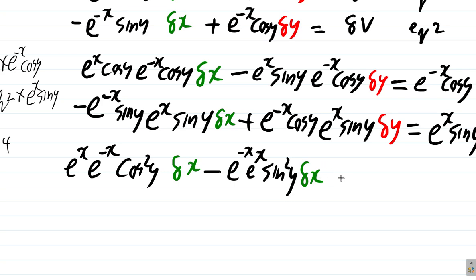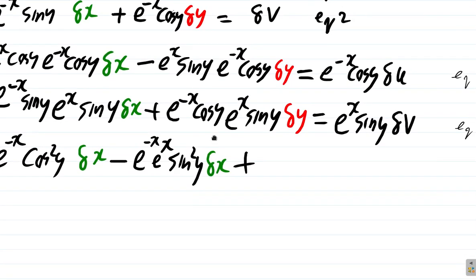Alright. Plus what now? Now you see this part, even though it's gone, let's rewrite it as it is and then show that it is gone. So it's e to the x, e to the negative x, sine y, cos y, by our delta y, alright?